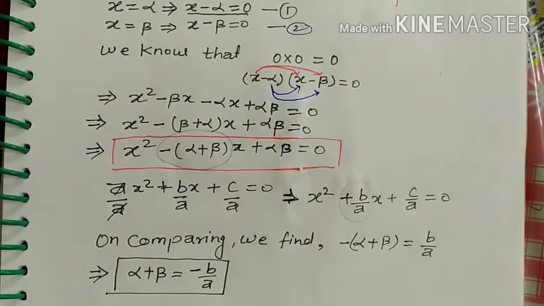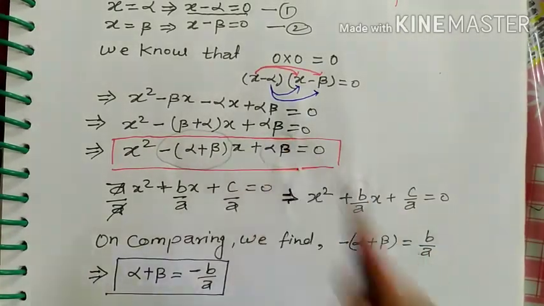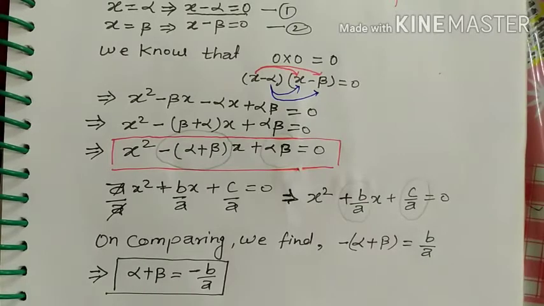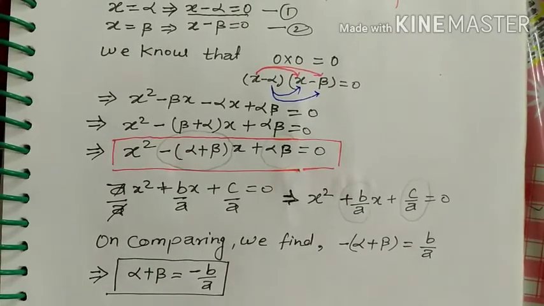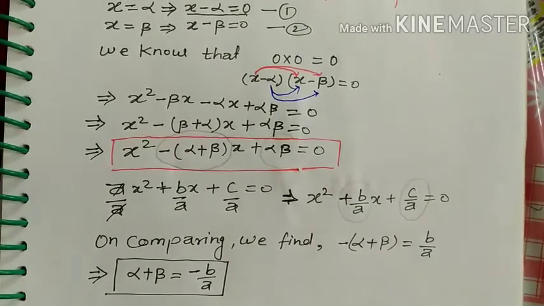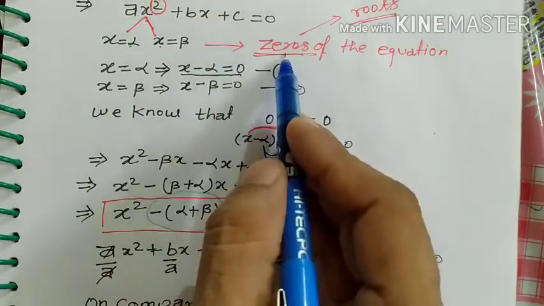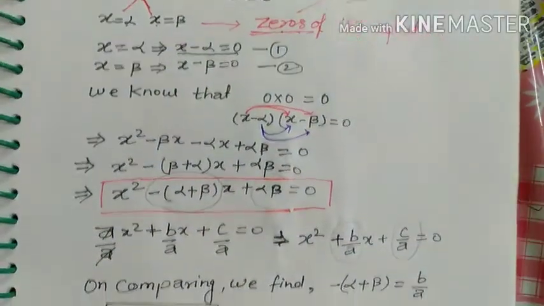And comparing alpha beta with c by a, we can say alpha beta equals c by a. That's the second part. And for confirmation, according to previous knowledge, you know that alpha and beta are known as zeros or roots.